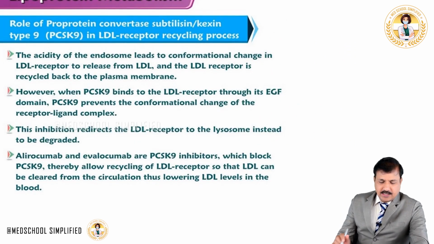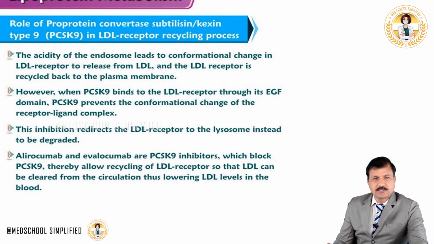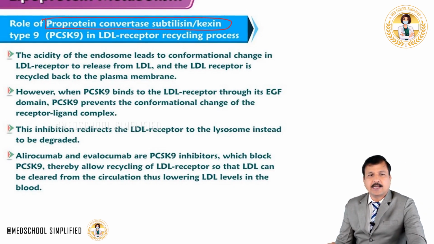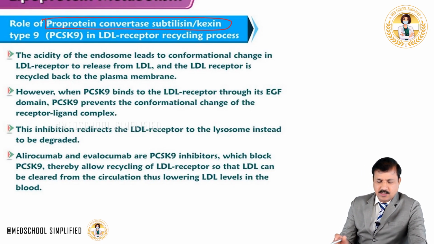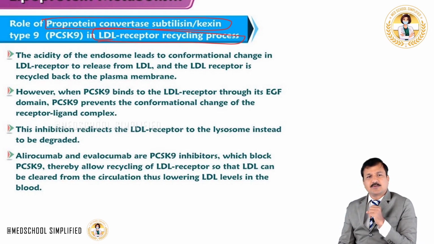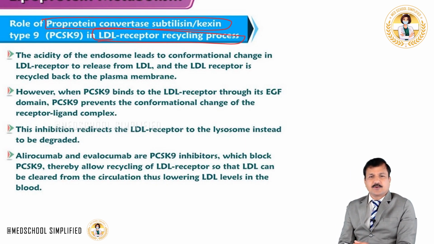Now let's move on to see the PCSK9 inhibitor and the mechanism. So I told you in the previous slide, PCSK means proprotein convertase subtilisin kexin type 9. These proteins are called PCSK9 proteins, which are affecting the LDL receptor recycling process. Whenever a person is expressing these PCSK9 proteins, they are going to decrease the LDL receptor recycling process.